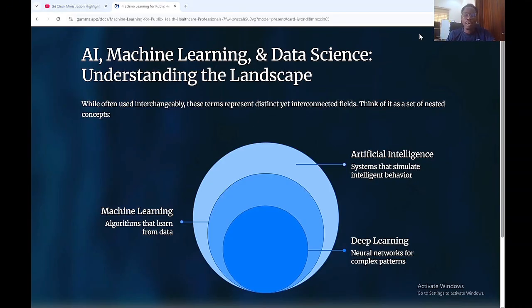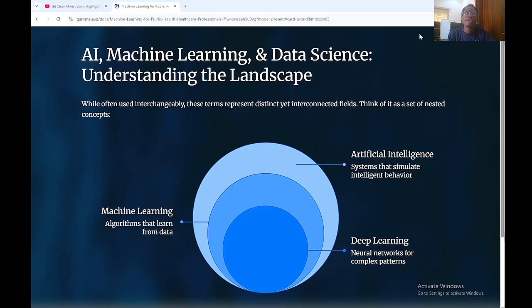Artificial intelligence is a system that simulates intelligent behavior, the ability for a computer to do something that a human can do. That intent, on the broad set, is what we identify to be artificial intelligence. Now, what's machine learning?